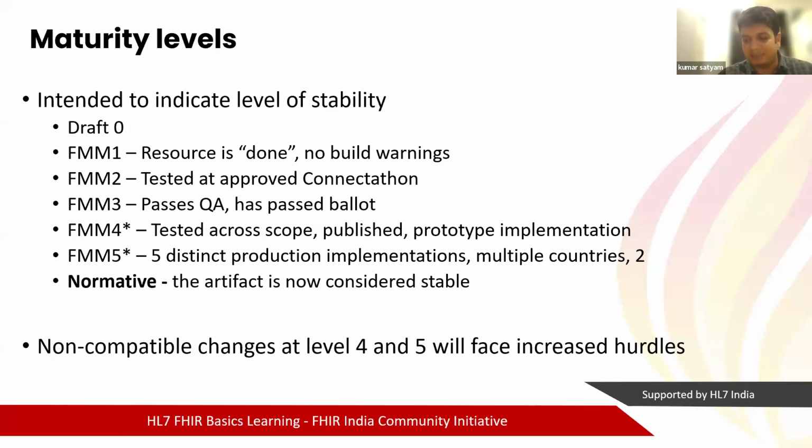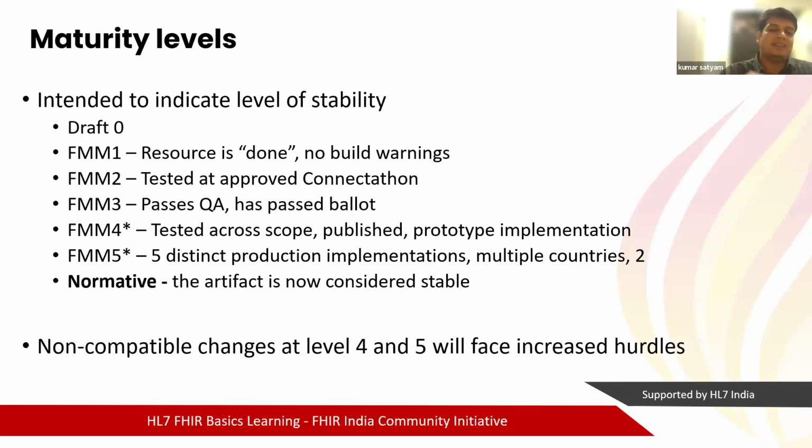And there are different subcommittees or work groups that are working on these resources, right? Now, how do you know that these resources are good enough to get into the market, or good enough for implementers to implement, right? So FHIR has developed a maturity model where normative is the level of the resource or a FHIR artifact which is considered stable.